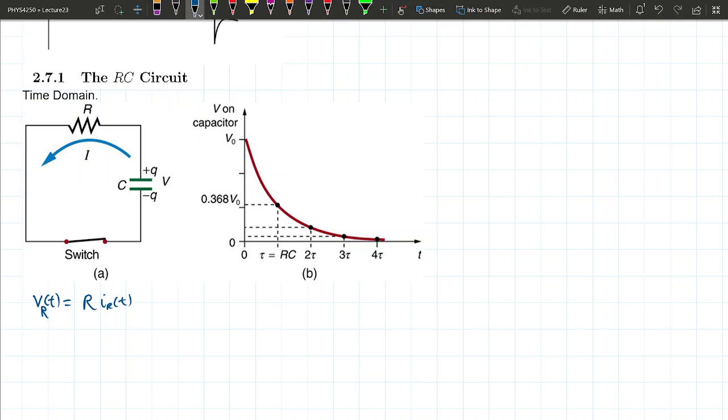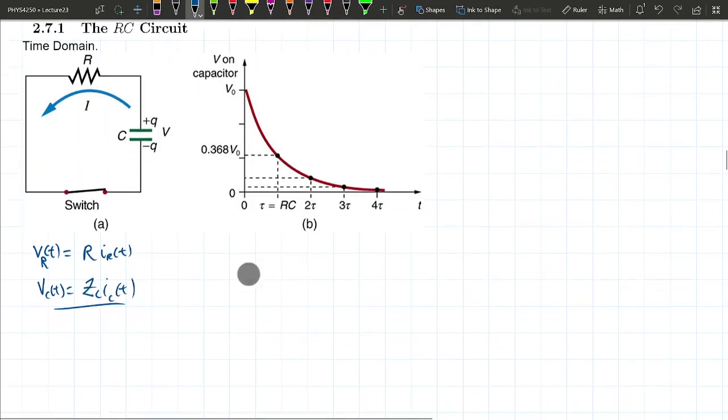So how do I relate this? I know that you guys are thinking I should use this, a function of R. Oops, capacitor. I know you guys are thinking about this. This is related to another equation, which will be simpler in this case to use, which is that the charge on the capacitor is equal to the voltage across that capacitor as a function of time times the capacitance.